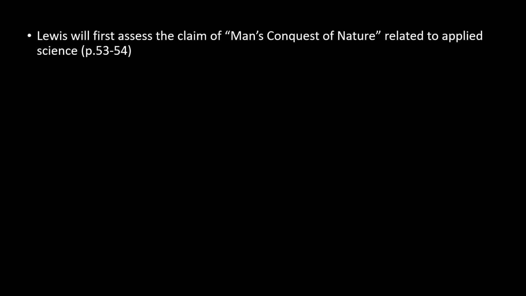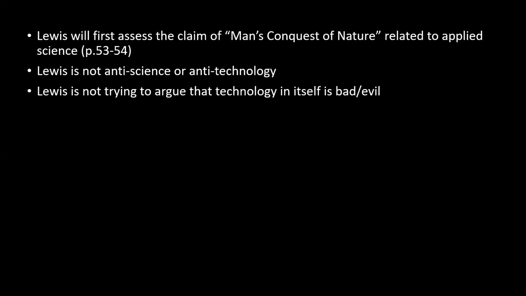And so in chapter 3, Lewis will first assess the claim of what he says is man's conquest of nature. And he's going to talk about this as it relates to applied science. And so when Lewis starts to talk about this idea of applied science and man's attempt to conquer nature, C.S. Lewis is not anti-science and he's not anti-technology.